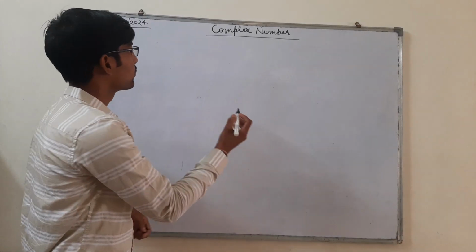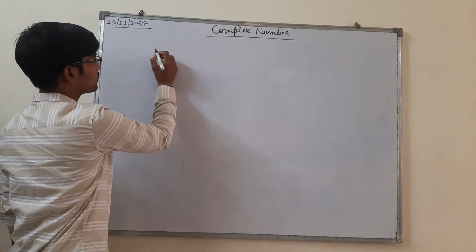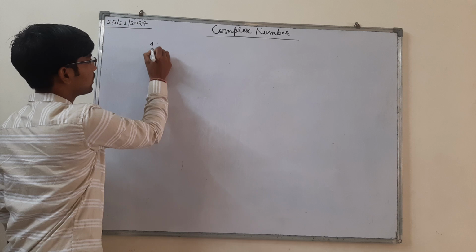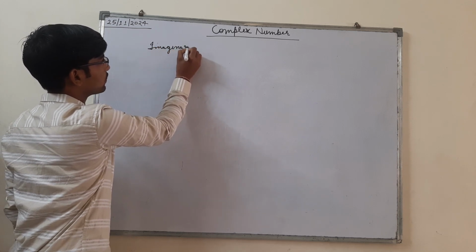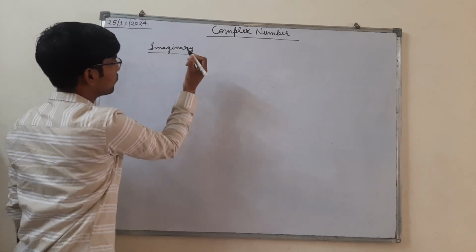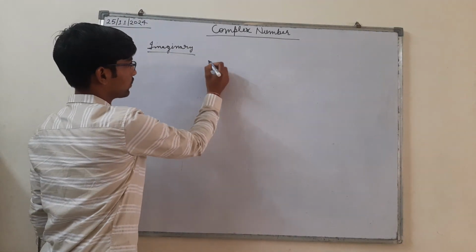For complex numbers, we first have to study what an imaginary number is. For imaginary numbers, we first have to study what iota is.